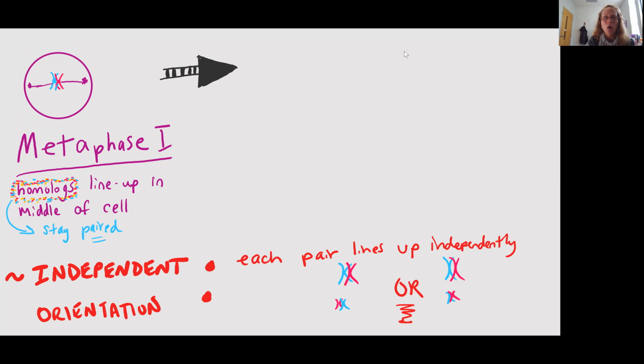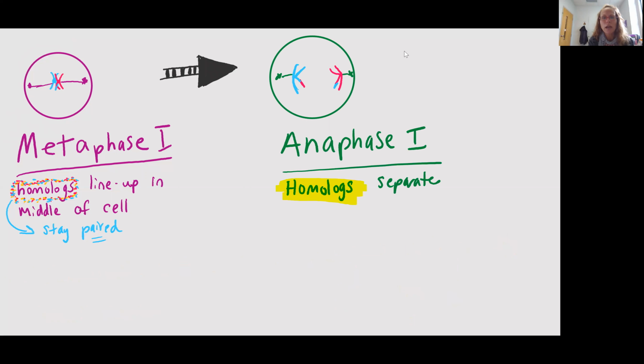So I've just drawn one pair there in the cell, but if I draw a second or third or fourth or fifth, I can organize them in different ways, lining up down the cell. And then we have our anaphase 1, and so we see here that the homologs, the homologous pairs, are going to separate in anaphase 1.